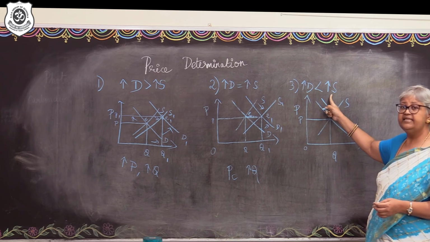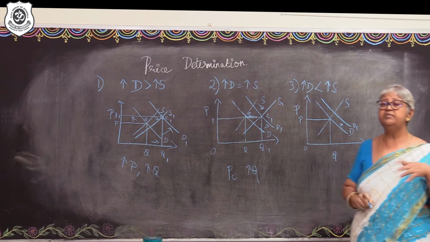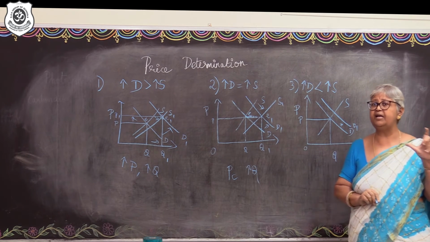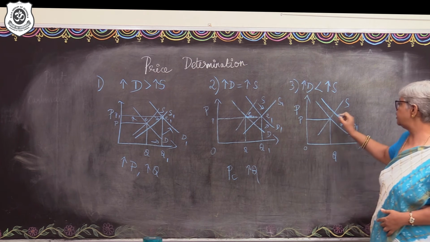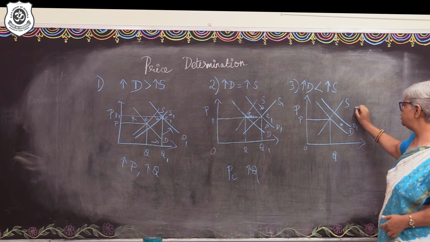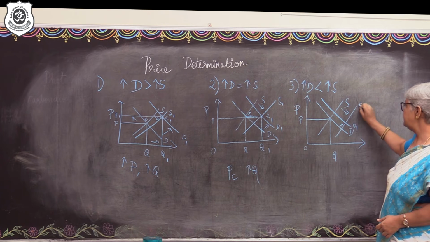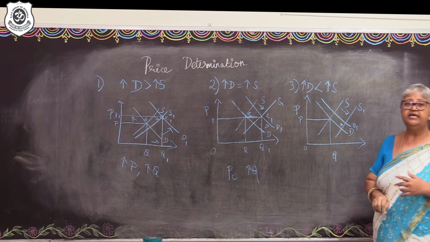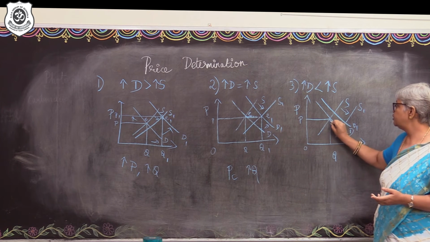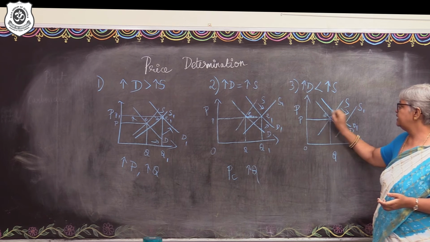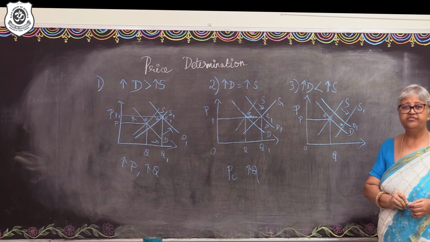Okay. And what about the increase in supply? Increase in supply is going to be much greater. Okay. So, the gap between the original supply curve and the new supply curve, ensure that it's going to be much larger. Fine. Look at this. S is going to shift on to S1. So, this is the original equilibrium at S and D, and mark that, that's going to be E. Fine.